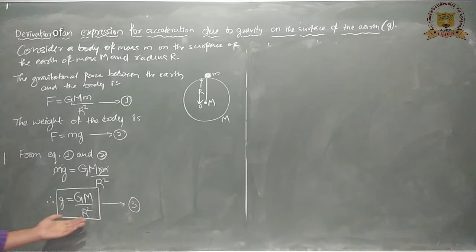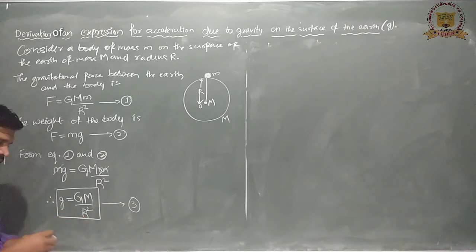From this equation it is very clear that the acceleration due to gravity is minimum at the equatorial region and maximum at the polar region, and that is because of this value of R. The radius is more at the equatorial region and less at the polar region; the equatorial radius is more than the polar radius by 21 kilometers.